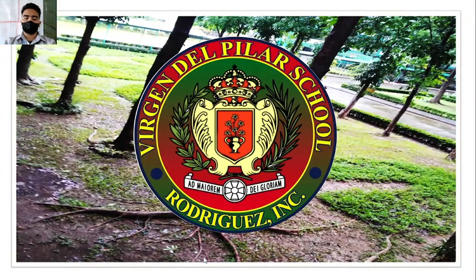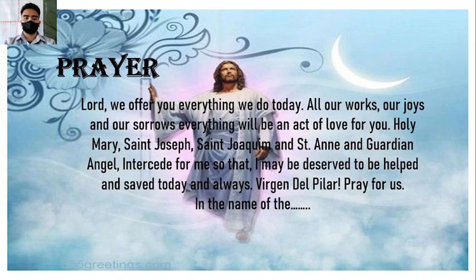Before we start, as usual, let us have the short opening prayer. Let's bow our head into the presence of the Lord. In the name of the Father, the Son, the Holy Spirit. Amen. Lord, we offer you everything we do today, all our works, our joys, and our sorrows.